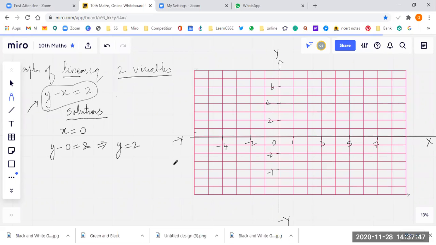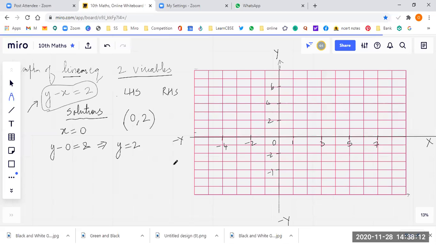Now students, x is equal to 0 and y is equal to 2 is my solution of this equation. I have already learned in my last video that the solution of an equation is that value of x and y by putting which the left hand side becomes equal to the right hand side.